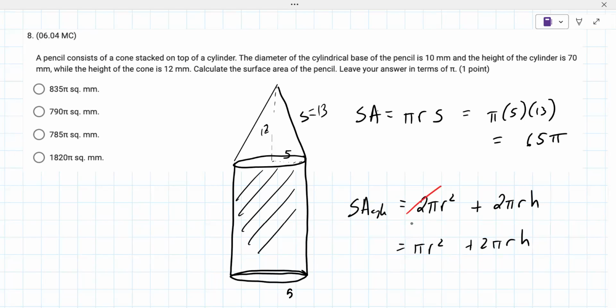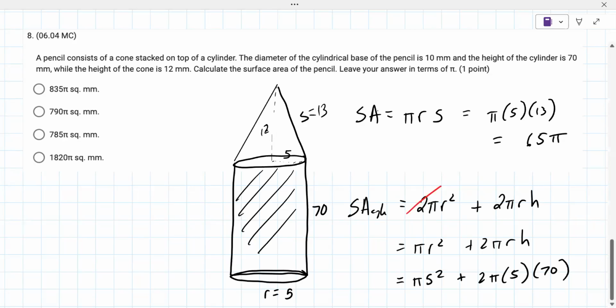Now the radius is 5, that's the same. And the height of the cylinder is 70. So that's pi 5 squared plus 2 pi 5 times 70. In this case, you would just leave pi, but you wouldn't multiply it by pi.